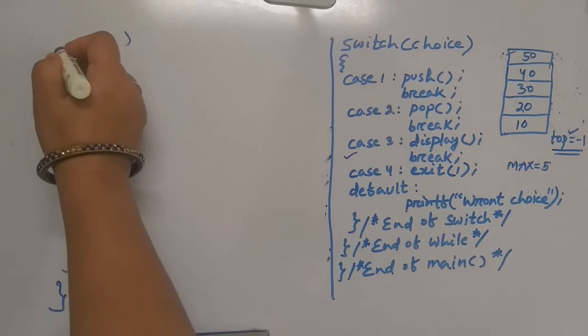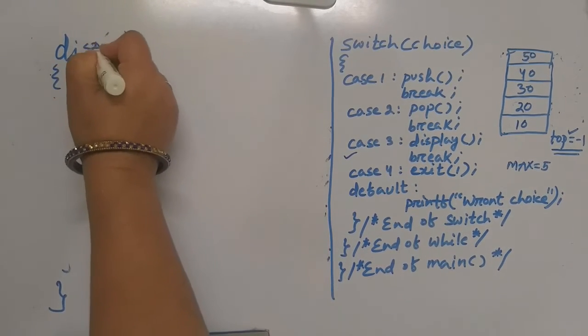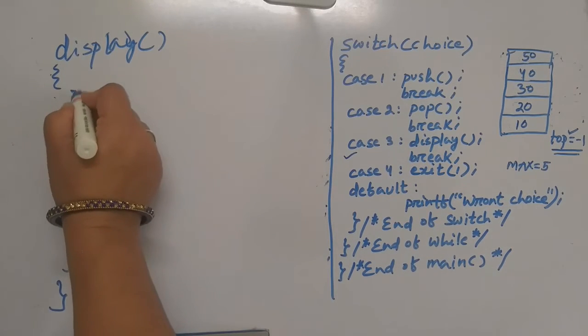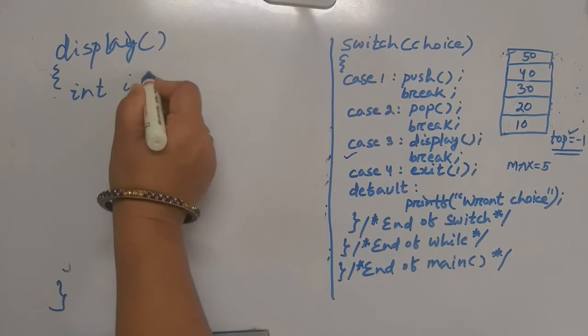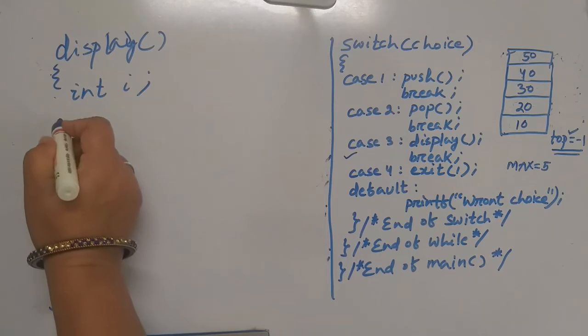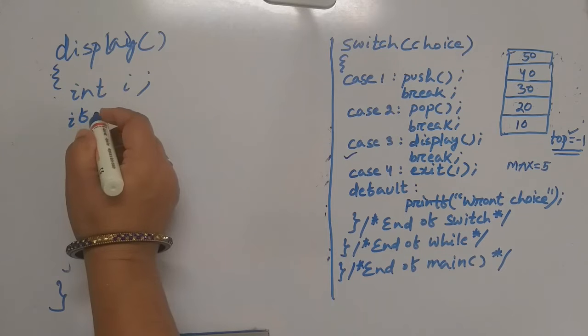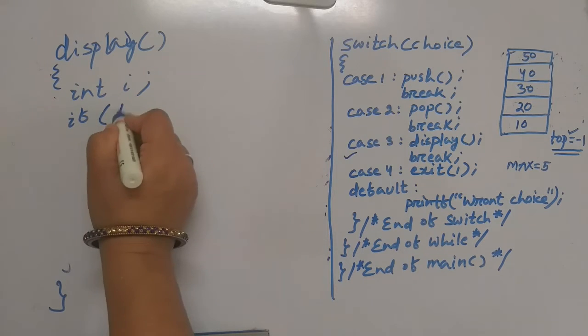For the display operation, we write the same function call, display, then the function call, then integer I. Why are we taking integer I? Because it is used for the for loop. We are taking a for loop to print all the values.